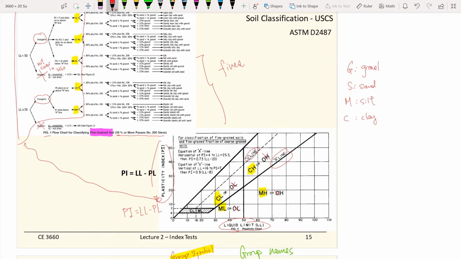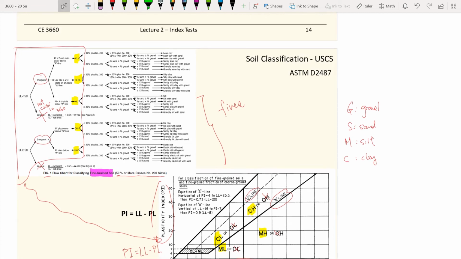According to this chart, if you know your liquid limit and plasticity index, you should be able to finish at least the group symbols for your fine-grained material. After that, you keep working further to the right on this chart, to the 30% plus.